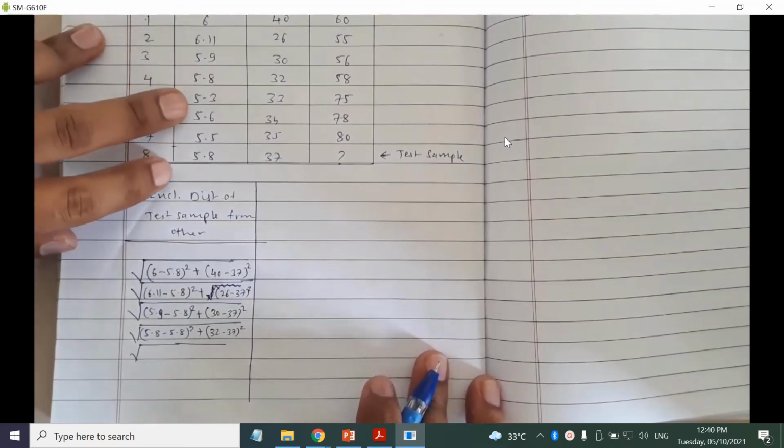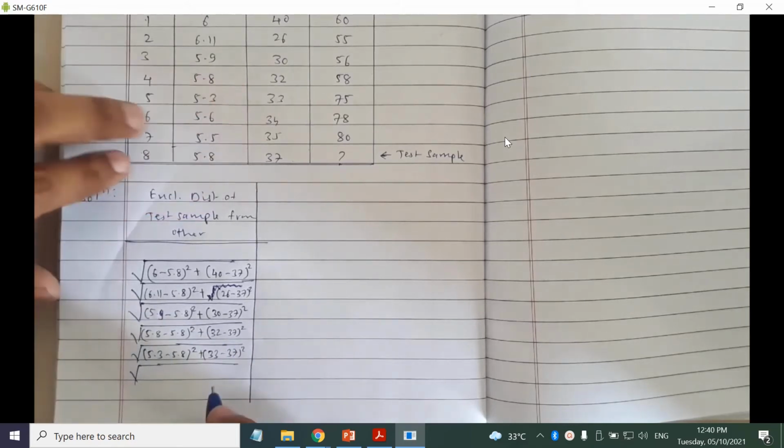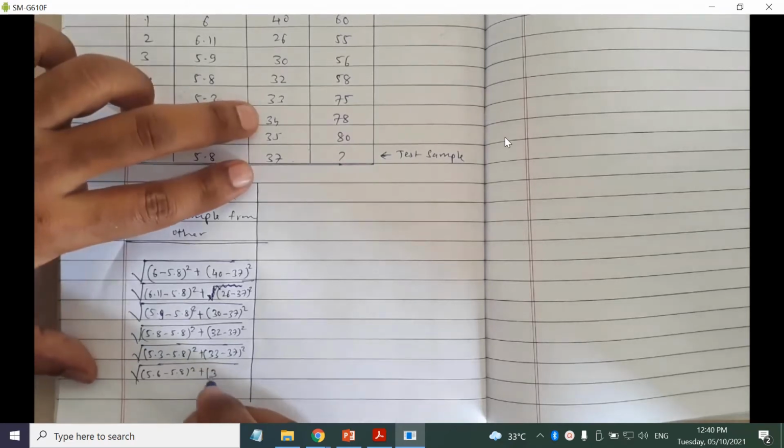Then (33 minus 37) whole square, minus 5.8 whole square, plus (34 minus 37) whole square.